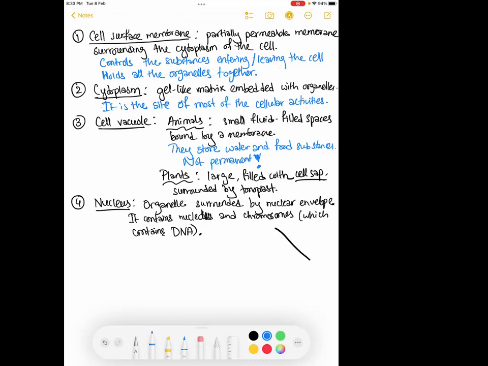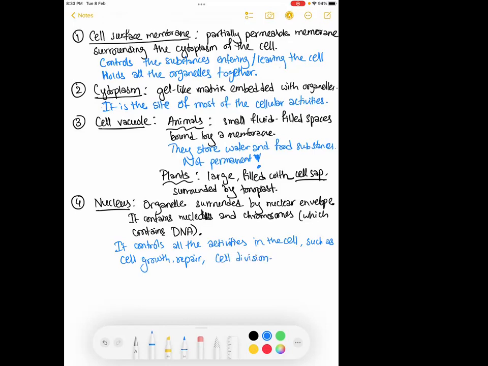The function of the nucleus is that it controls all the activities, such as cell growth, repair, cell division.